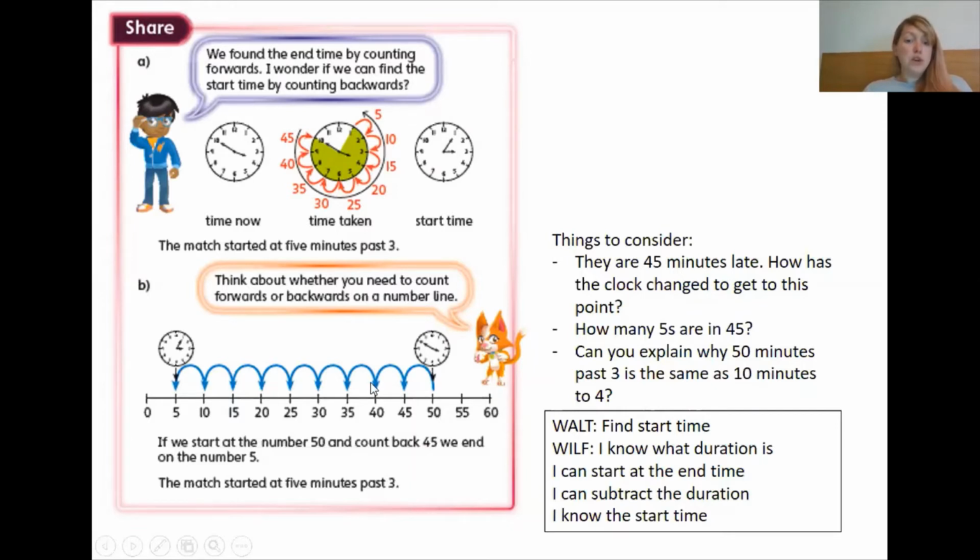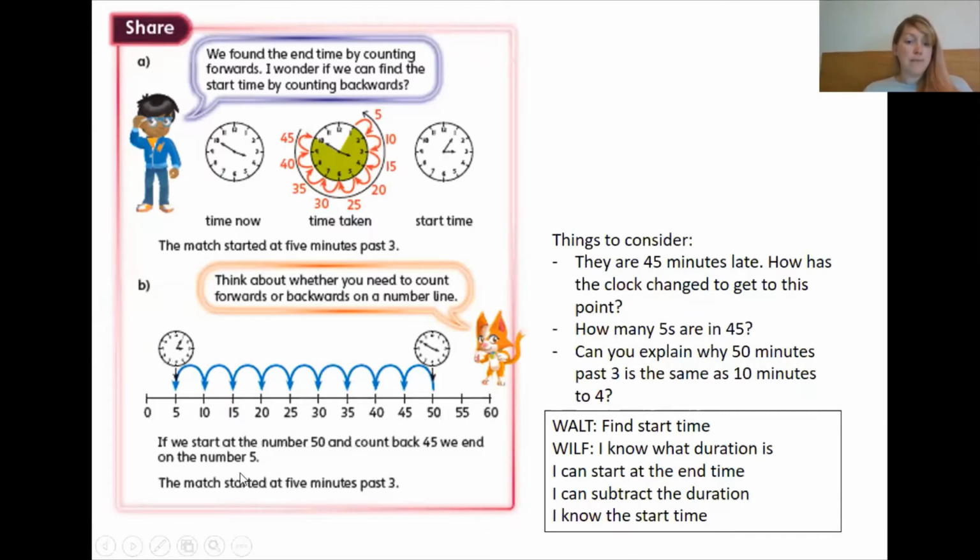Now, of course, you could do this on a number line. Because we're subtracting, just like how I went back down the clock, I don't necessarily like the way the arrows are showing you to go this way. Just like I went backwards on the clock, you would go backwards on the number line because you're subtracting 5 minutes each time. 45, 40, 35, 30, 25, 20, 15, 10, 5 to 5.